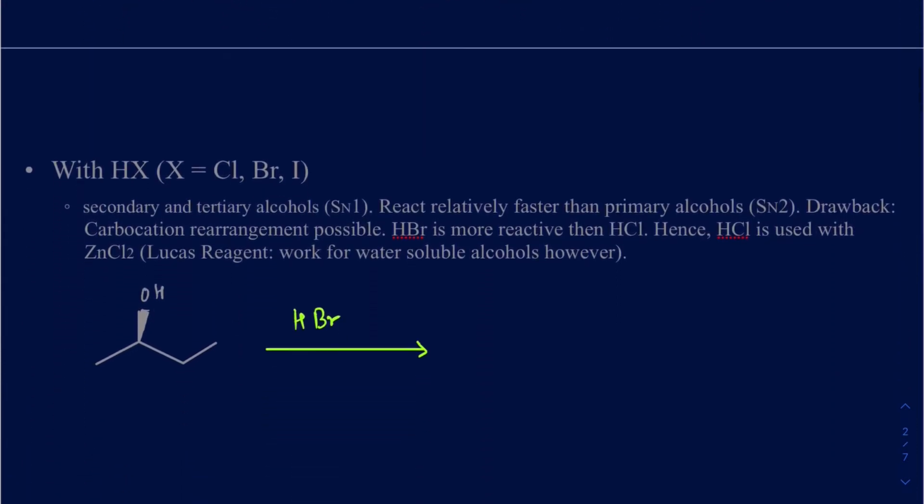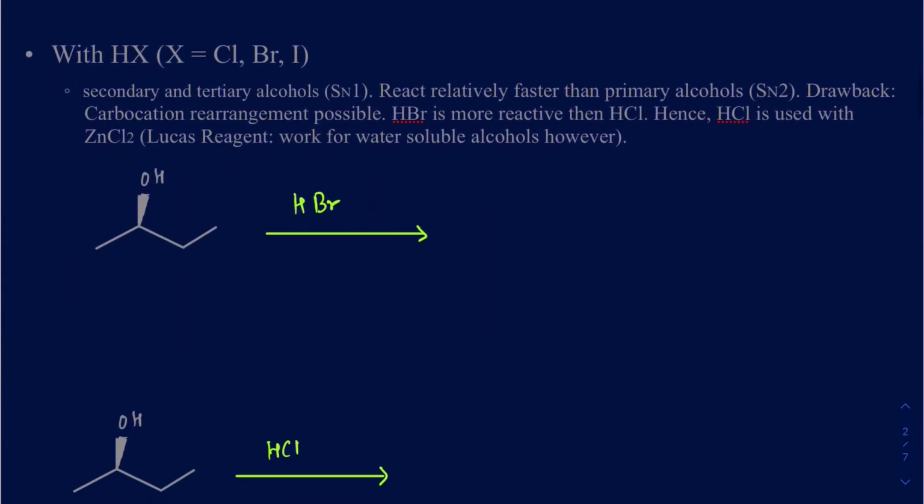Now, let's talk about how you can actually use a binary acid to do the same thing. The difference here is obviously going to be you doing all these reactions in acidic conditions. I can use HI, HBr, and HCl. Obviously, HBr and HCl are going to be the most common ones. The HI is also seen here and there.